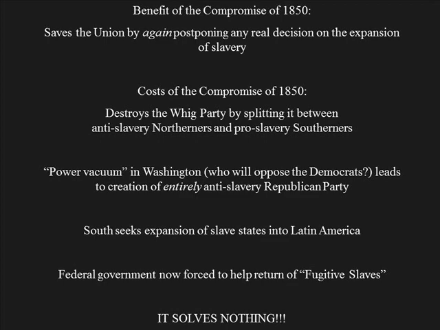So this splits the Whig Party to the point where it basically kills the party. The Whigs had come from north and south in opposing the Democratic Party at that point. When the Compromise of 1850 hits, the Whig politicians now split between Northerners and Southerners.